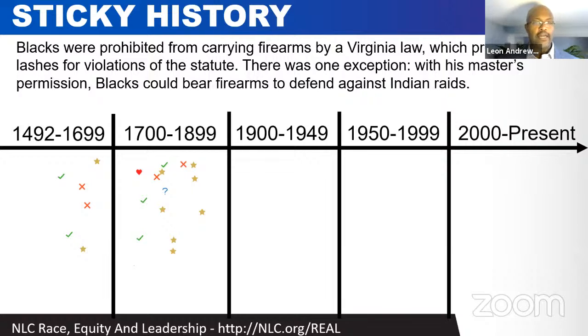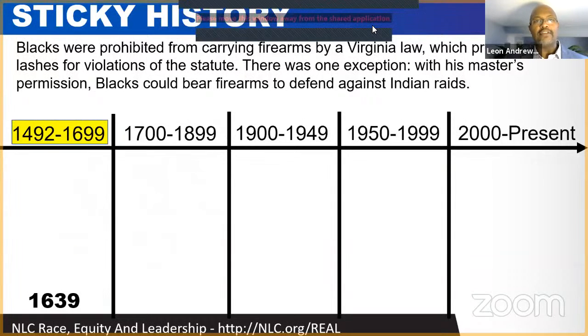For those that chose 1700 to 1899, it actually was 1639. 1639, so it happened before 1700. Again, not something I was ever taught or knew anything about.